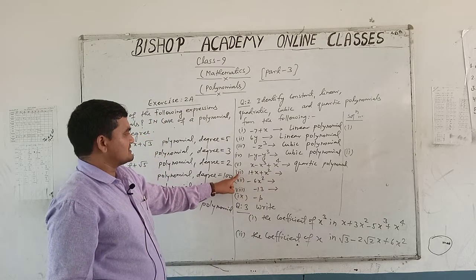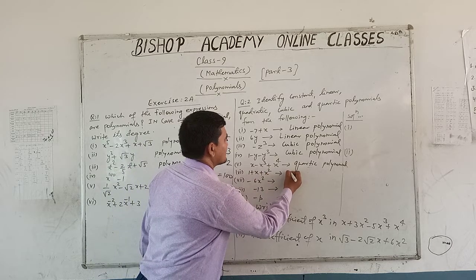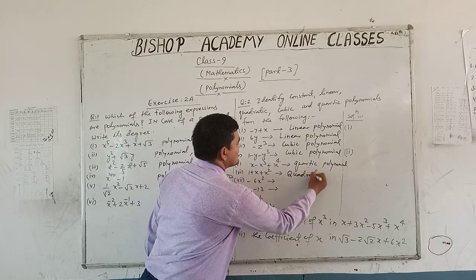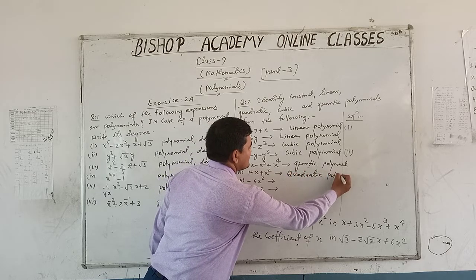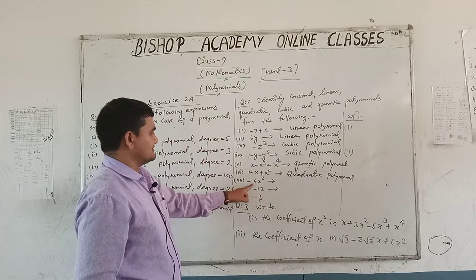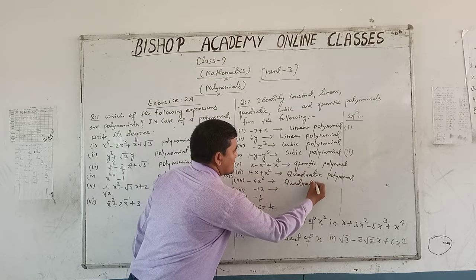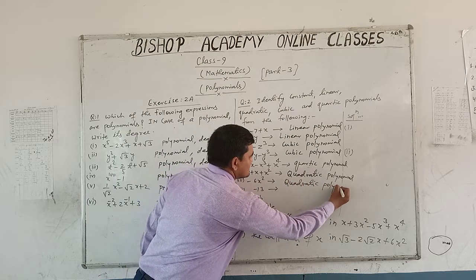In sixth part degree of this polynomial is 2, therefore it is quadratic polynomial. Again in seventh part degree is 2, therefore it is also quadratic polynomial.